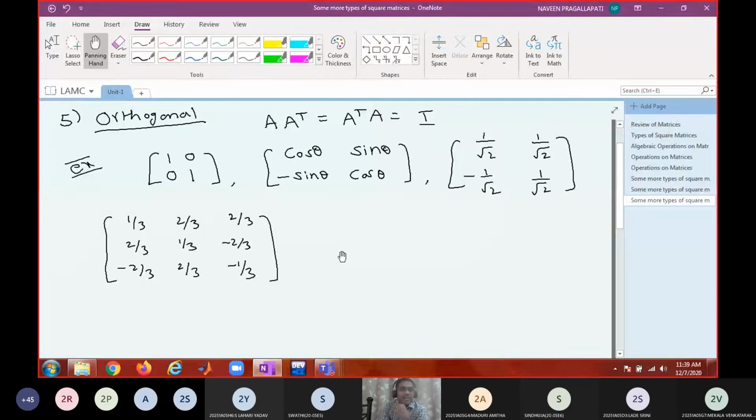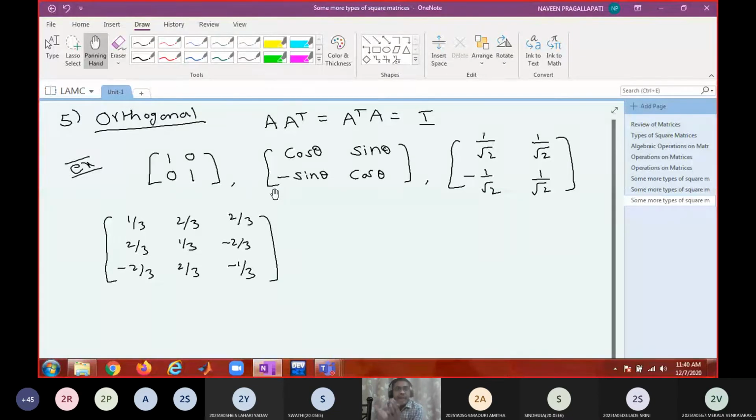Therefore, you can see that all the column vectors in an orthogonal matrix have magnitude 1. That is a property of an orthogonal matrix. So if somebody asks you which one of the following matrices are orthogonal, how do you check?